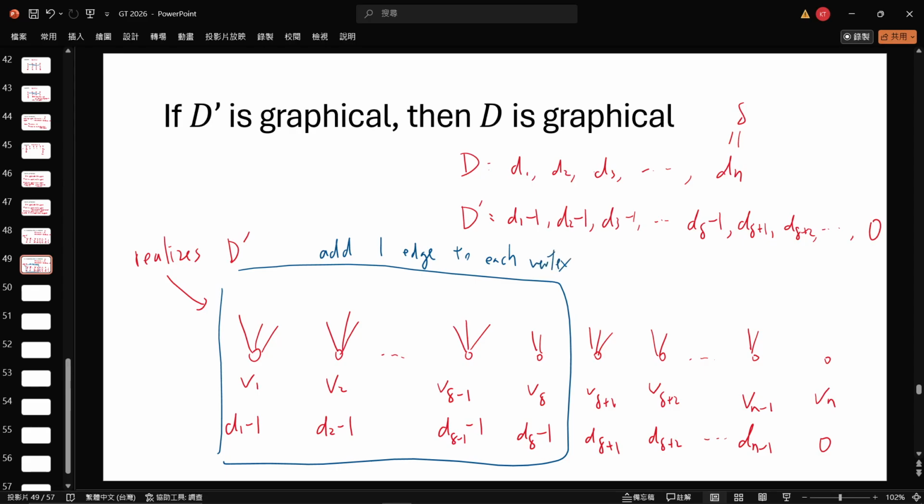This is the first difference between D and D prime. The second difference is the last one. The last vertex for D prime has degree 0, but in our new degree sequence, it should have degree delta. In other words, we have to add delta edges.